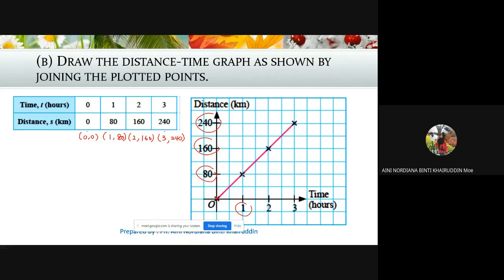Okay, so plot lah point. Dot. Lepas tu join all the point. Okay, senang je kan? Ada soalan tak? Tak ada. Okay, terima kasih Atika.